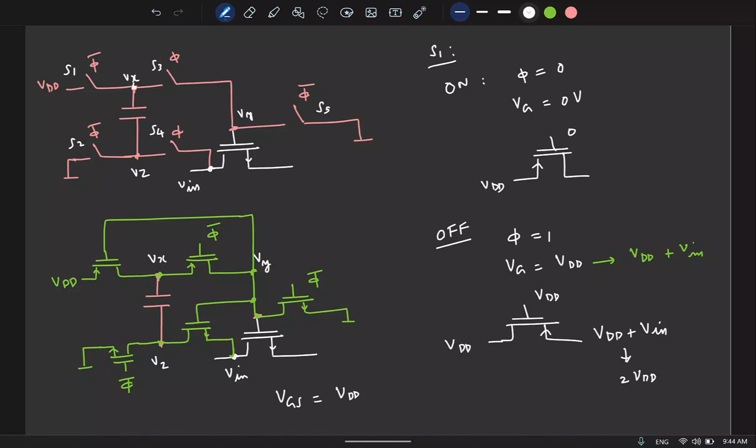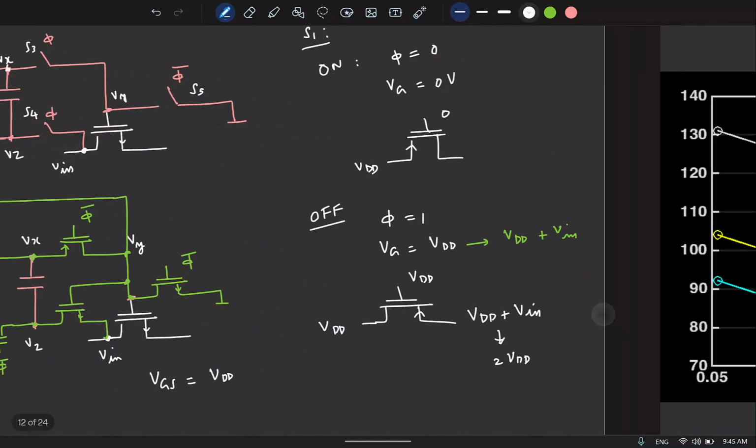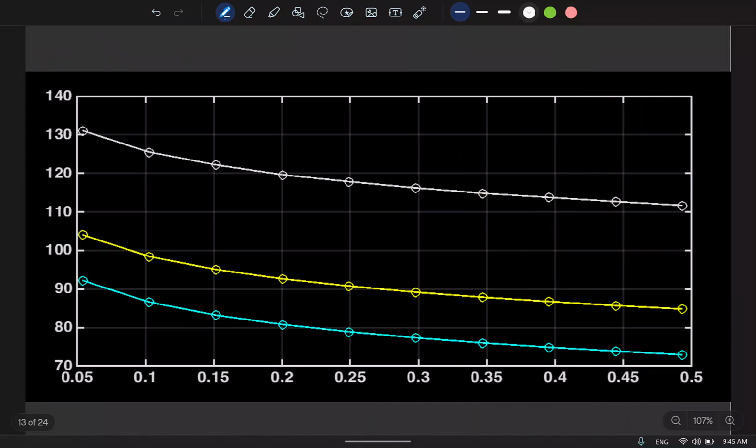So the on resistance will also be constant. So expect that the switch will be very linear. Again, this is a simulation I'm showing. If you recollect, these were the plots with the CMOS switch. This is also the same CMOS switch with 4x higher width, or 4 times smaller on resistance.